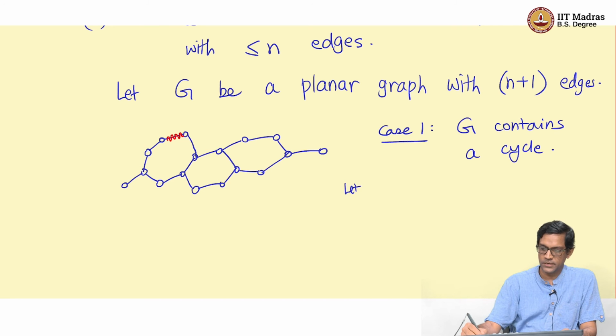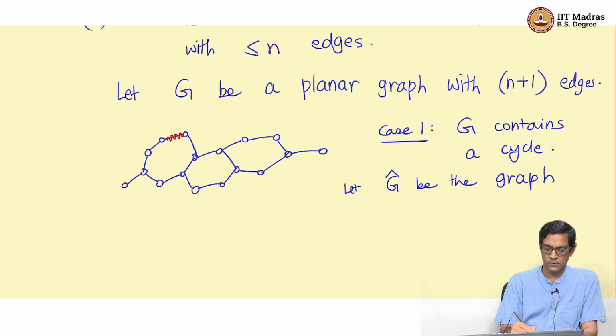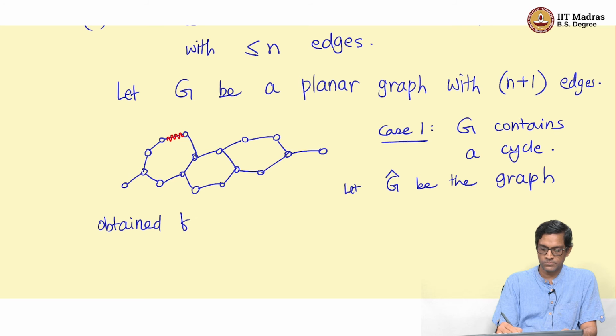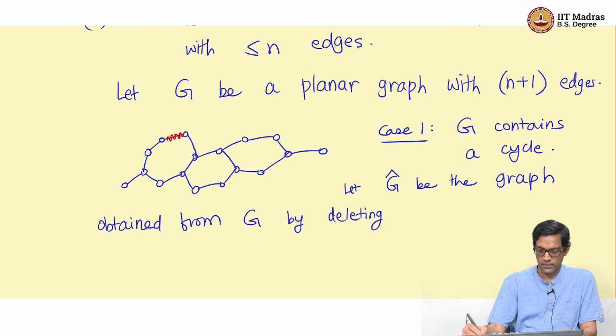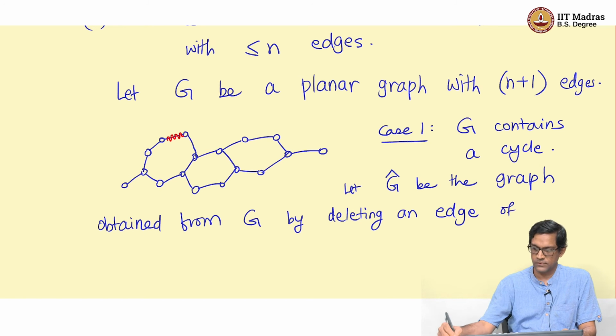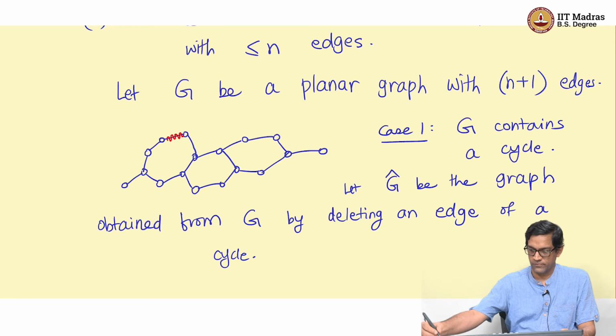So let G hat be the graph obtained from G by deleting an edge of a cycle of G. Pick any cycle and pick any edge from that cycle. When you do that, you delete it and you get a new graph.